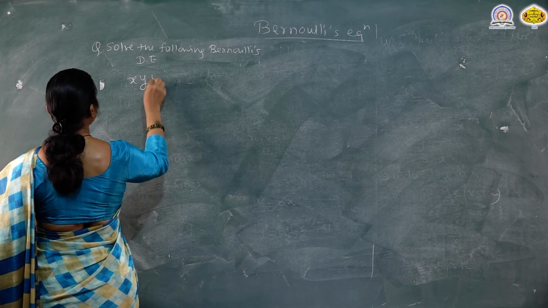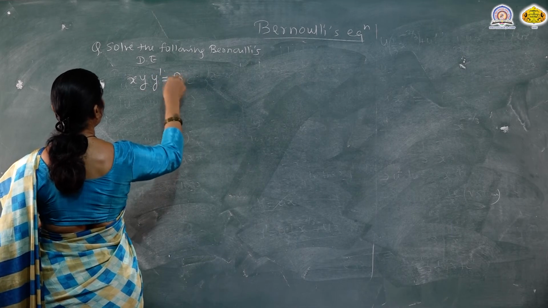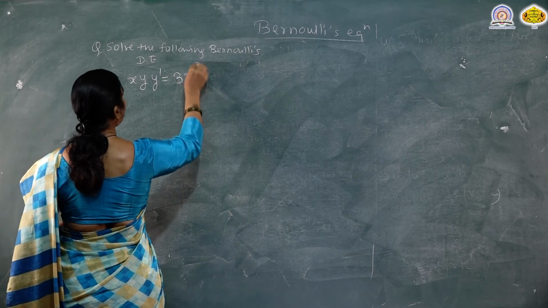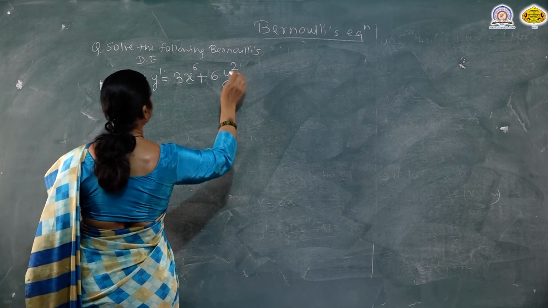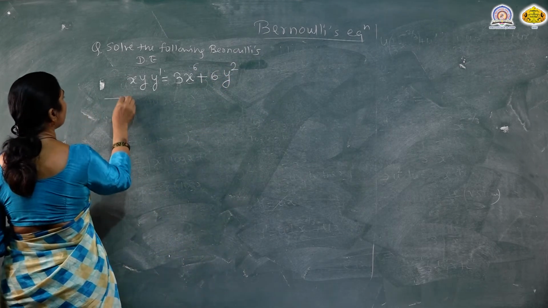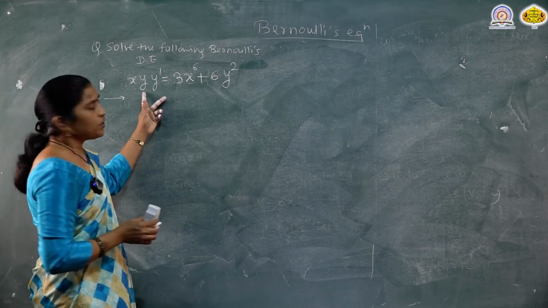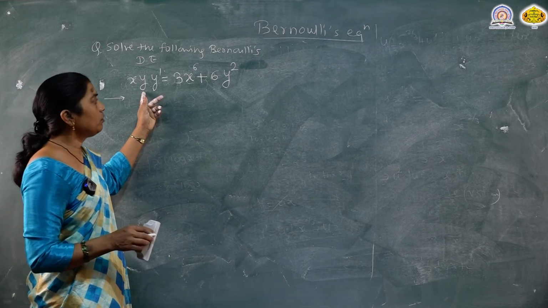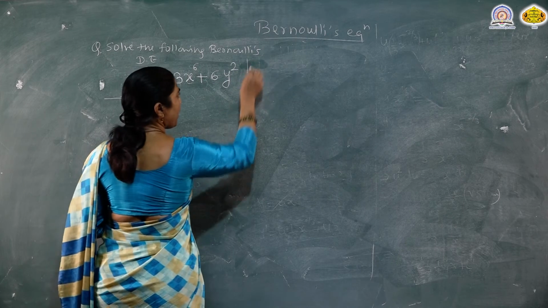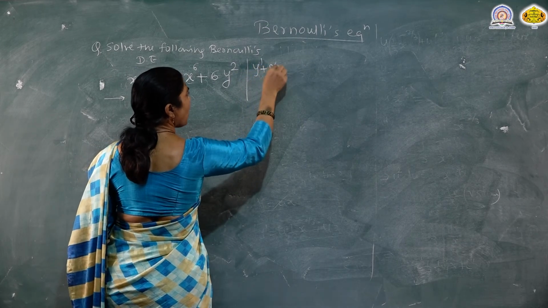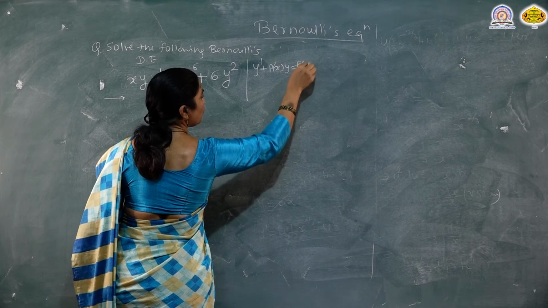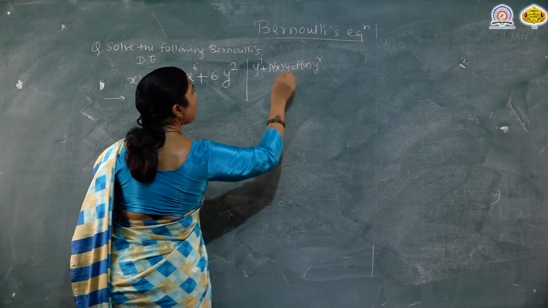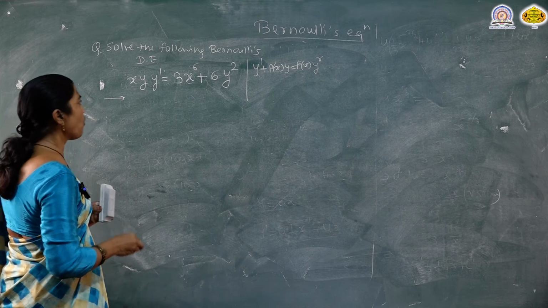x y y' is equal to 3x raised to 6 plus 6y square. Originally it is not in the form y' plus p(x) y is equal to f(x) into y raised to r. So we have to rewrite in this form.